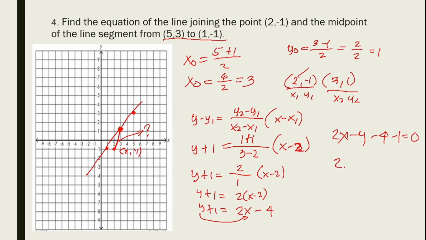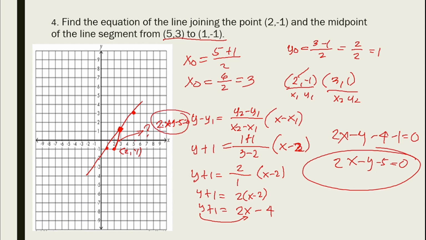So 2x minus y minus 5 is equal to 0. So this is the equation of the line, 2x minus y minus 5 is equal to 0, joining the point and the midpoint of the line segment from 5, 3 to 1, negative 1.